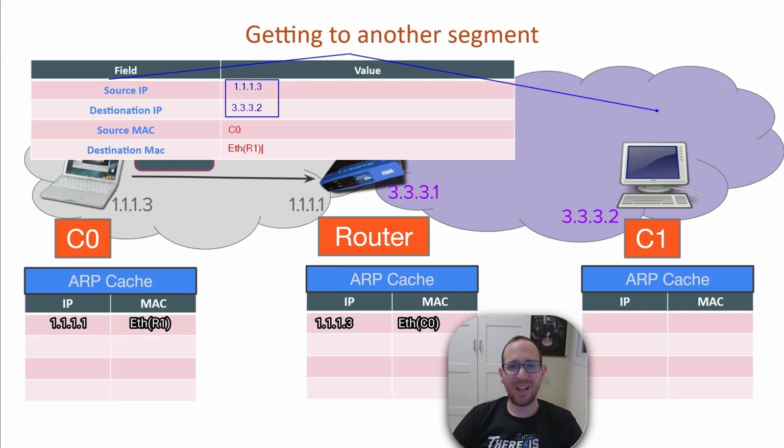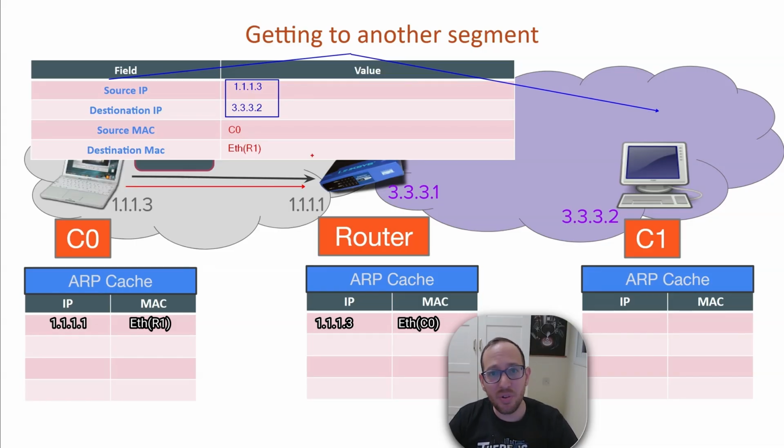So while the network layer, the IP layer in this case, shows the path from C0 all the way to C1, the Ethernet layer, the second layer, the data link layer, only shows us one single hop. And that's exactly what these layers are supposed to do, right? The second layer is responsible for transmitting data between two hosts that are directly linked, that is, linked via a single hop like C0 and the router.